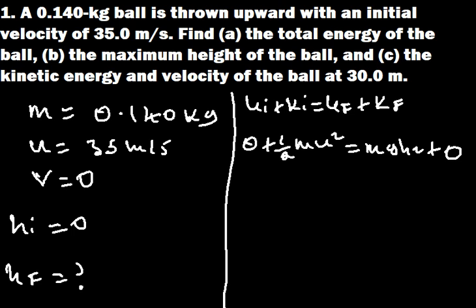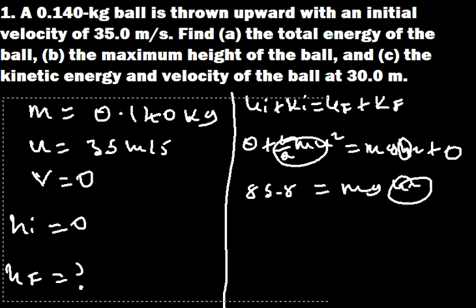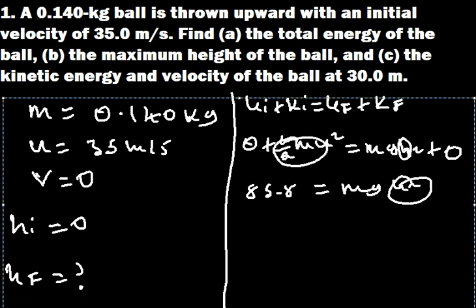Then I will be able to get the height, since we already have 85.8 equal to mgh2. We just have to solve for the height like that. So that's how you start to understand that one as well.